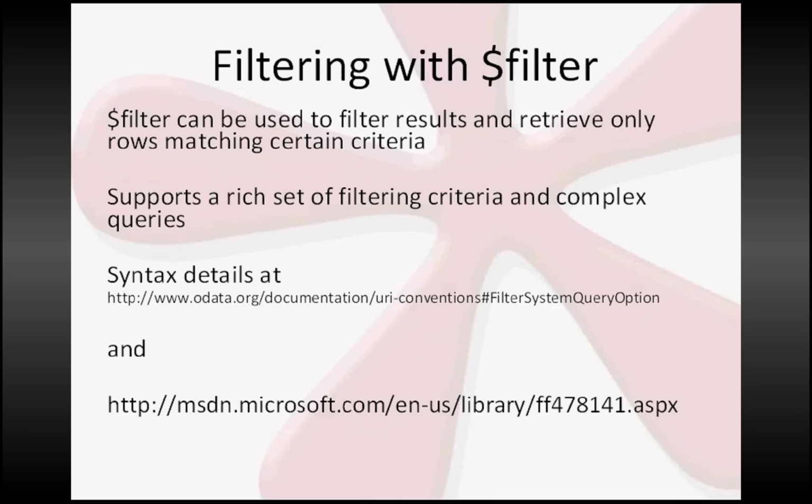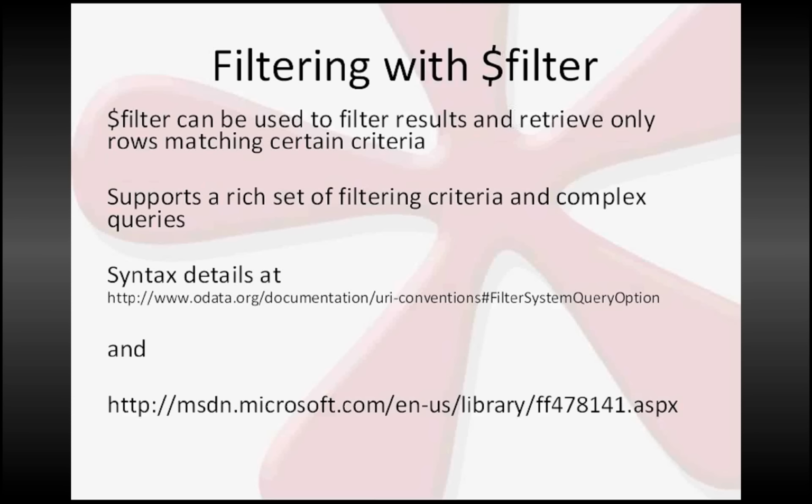Now, filter is the most involved option, but it's also one of the most useful. So filter can be used to basically filter the results and get only the ones you need, which is always a great thing. It has a rich set of filtering options and allows for very complex queries.